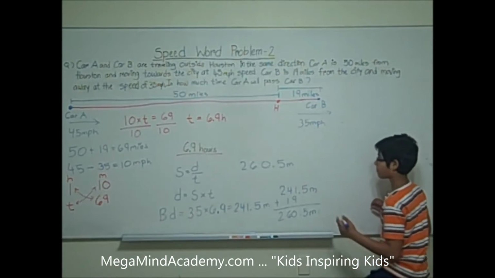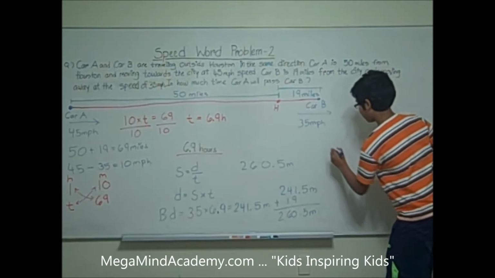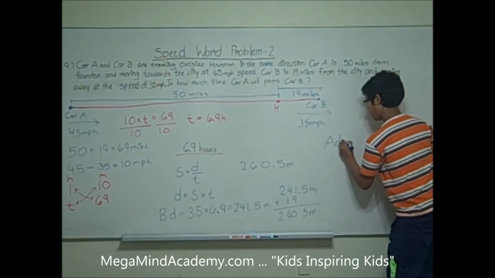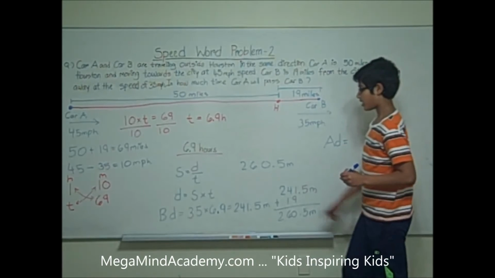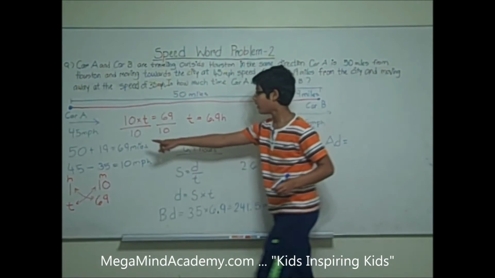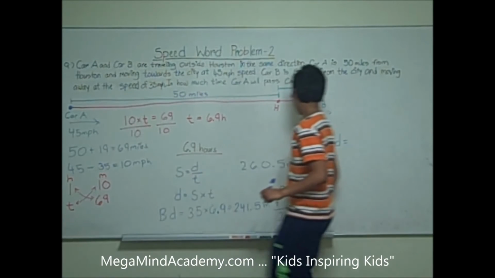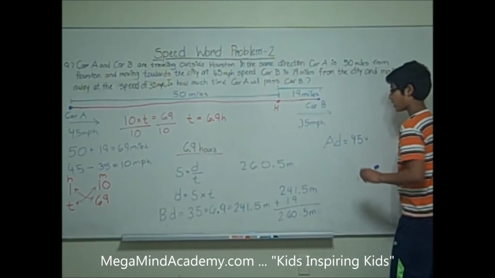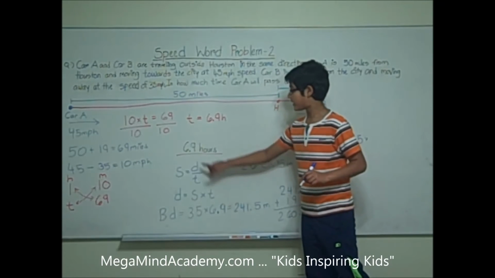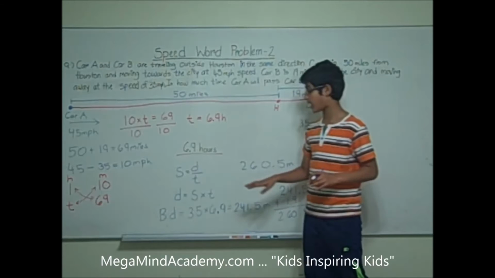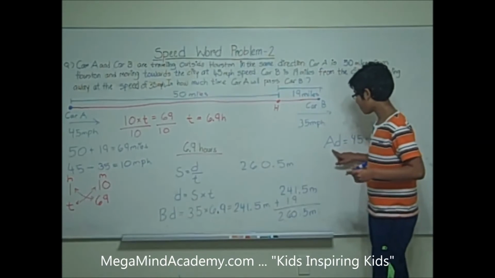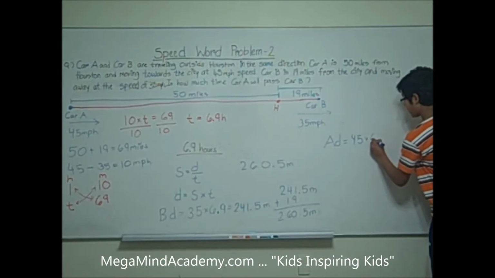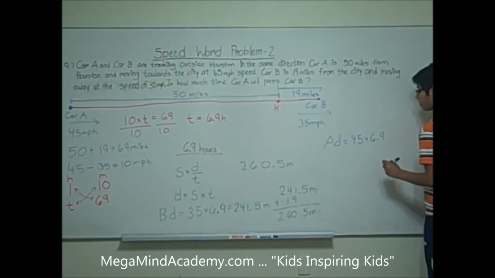Now let's do car A. AD, the distance that car A traveled, is equal to the speed, which is 45 miles per hour, 45 times the time. 6.9 hours is the time that it takes for car A to pass car B. So times 6.9.